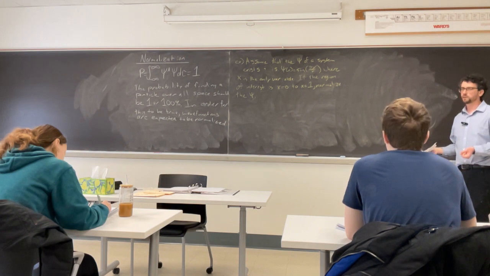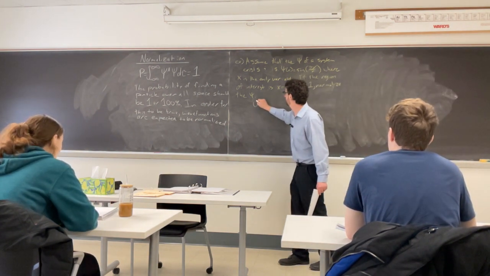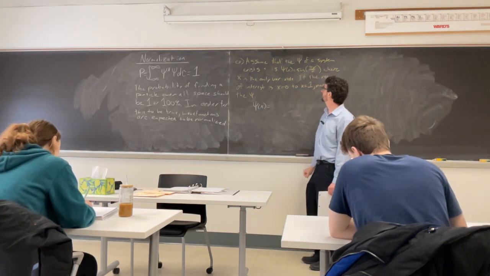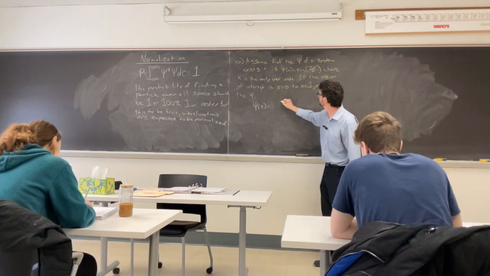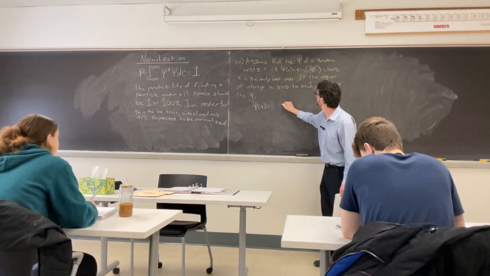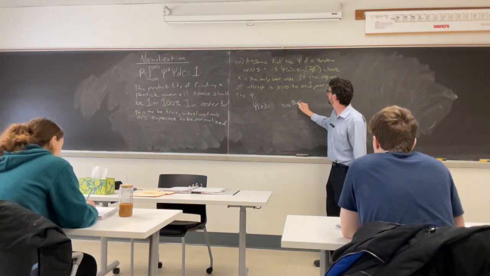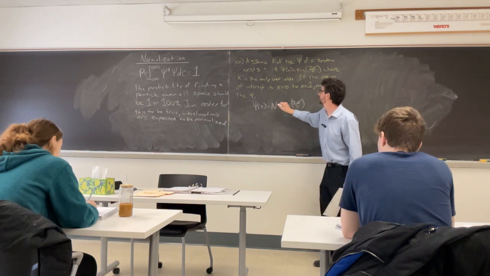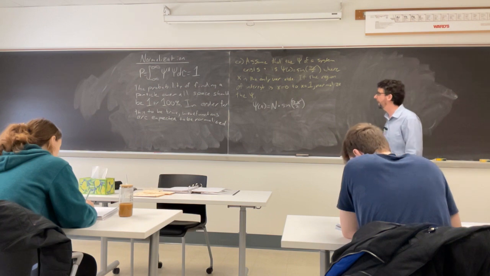Okay, to do this, what we assume is we have psi of x equal to whatever our unnormalized wave function is, times some constant. We give that constant the symbol n.